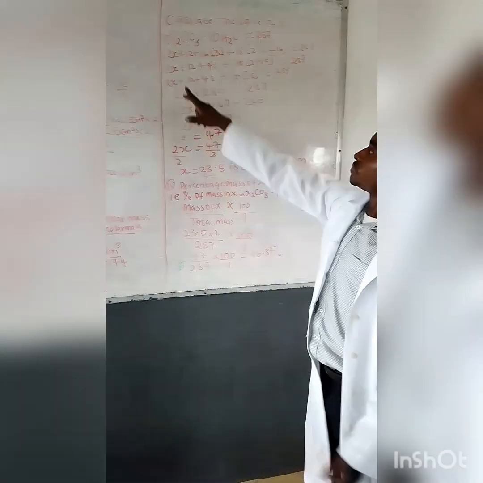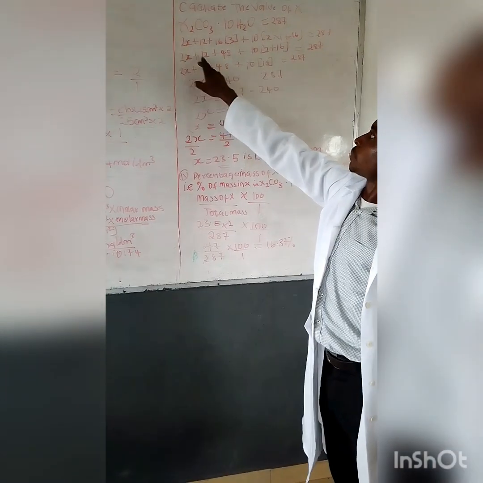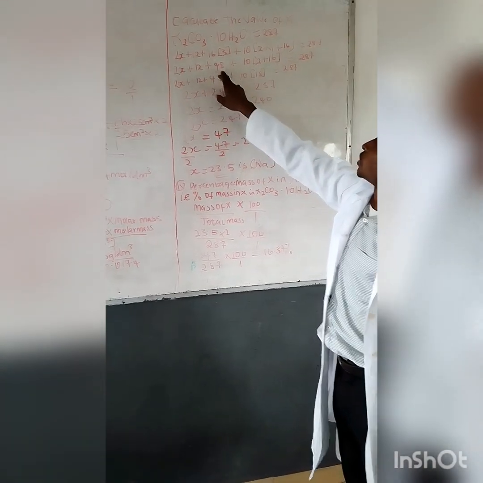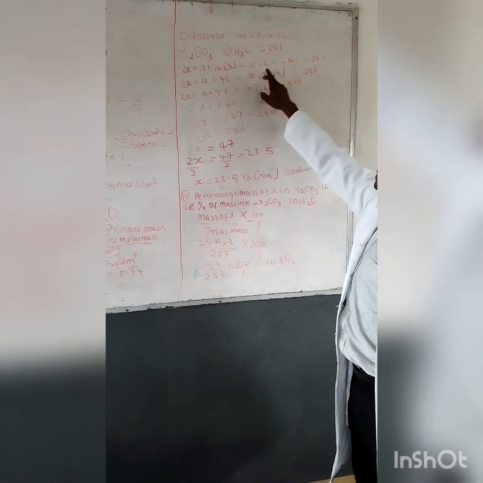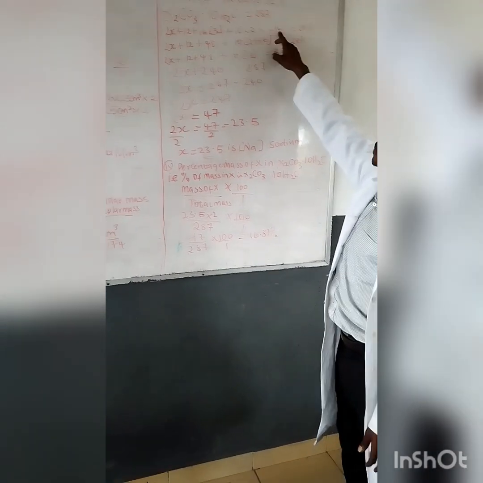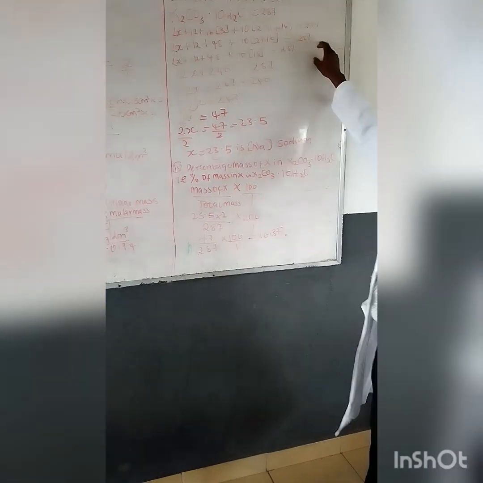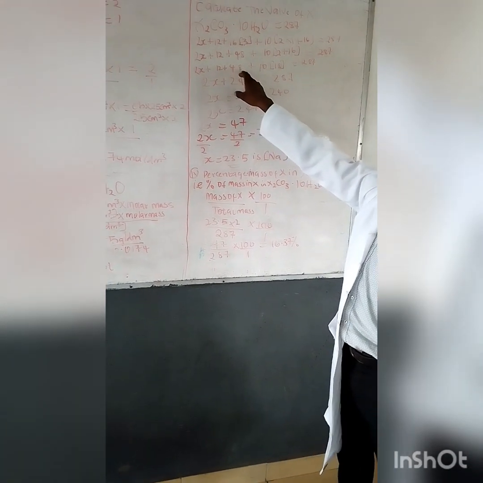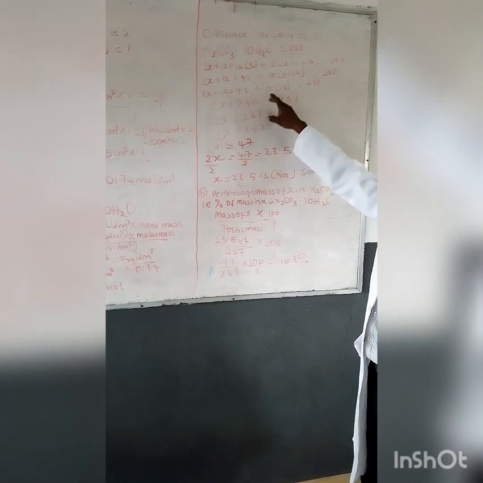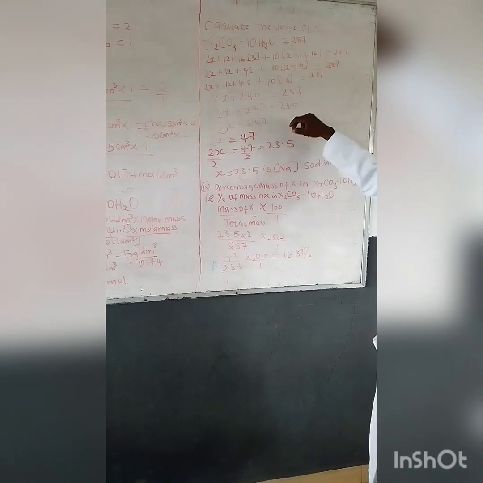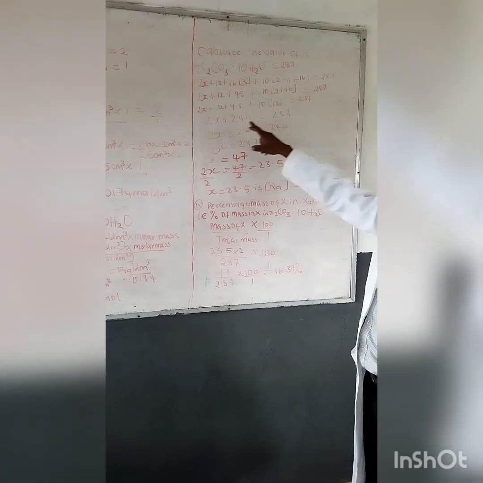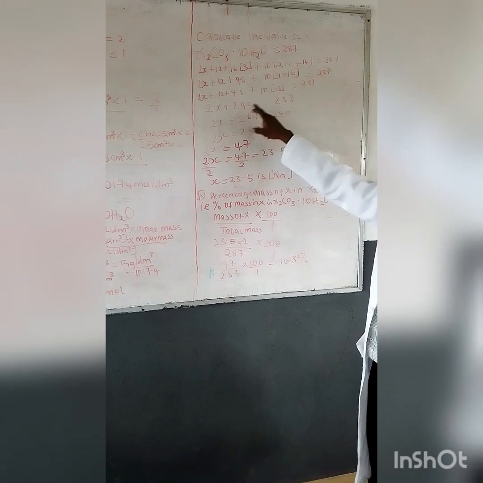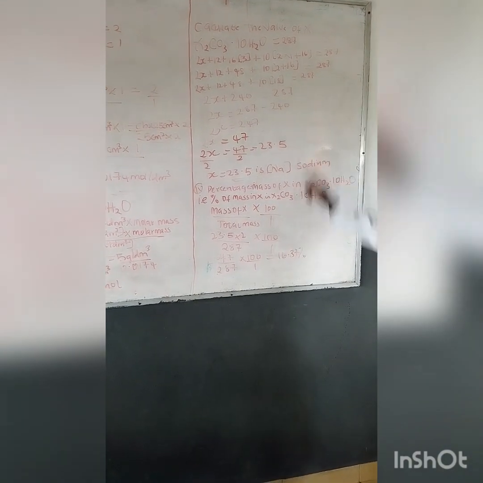So 2x plus 12 plus 3 times 16 will give you 48, plus 10 times (2 times 1 plus 16), equated to 287. Here we are going to have 2x plus 12 plus 48 plus 10 times 18. If you do that, you are going to have 2x plus 240 equal to 287.